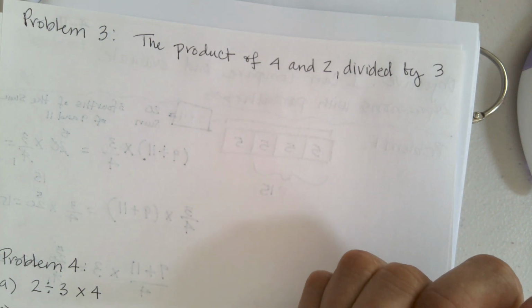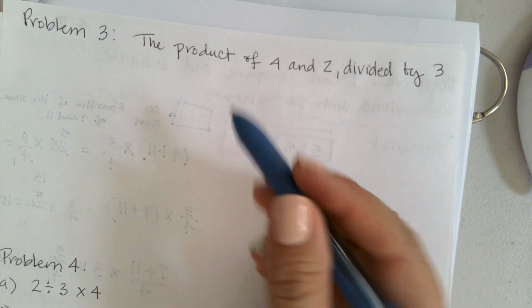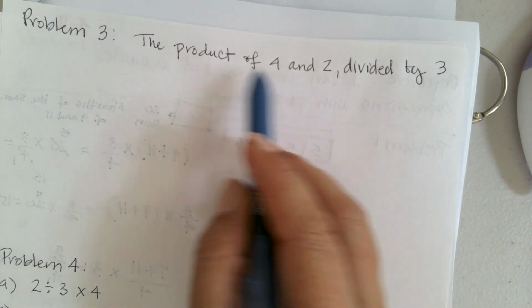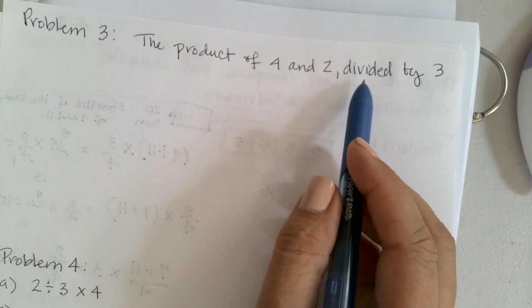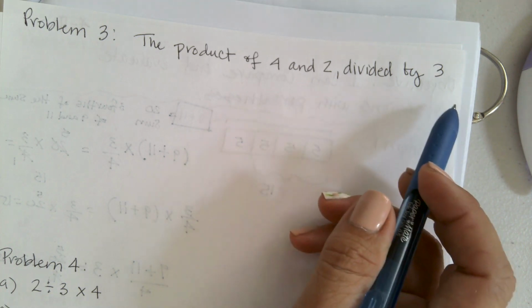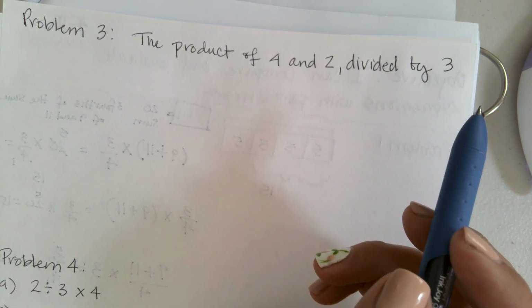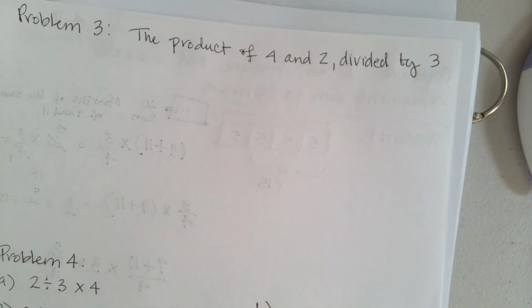Product means multiplication, right? So the answer of 4 multiplied by 2 is then what? Divided by 3. So what is that going to look like in a problem? Okay, so try something. Show me, write down right now, the product of 4 and 2. What does the product of 4 and 2 look like?